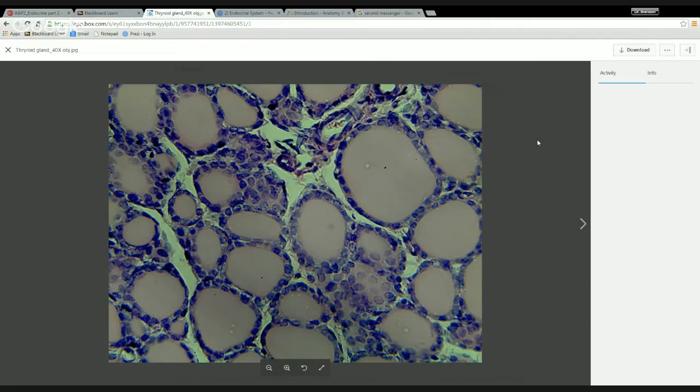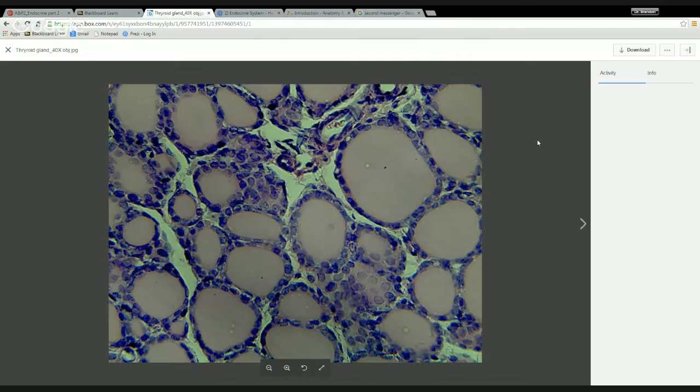Iodine is a necessary part of the thyroid gland's function to make those hormones. If it doesn't have iodine, it can't make those hormones, and it causes thyroid problems. Does anybody know what the very obvious result of low iodine levels is on the thyroid gland? What? Not weight gain, but an increase in tissue.